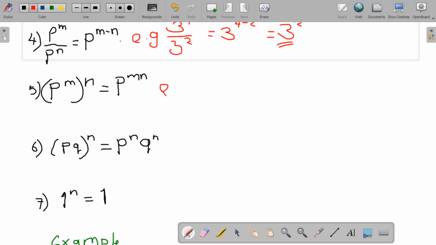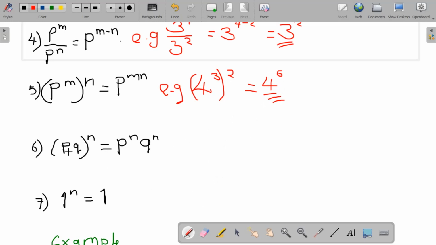For example, we have 4 to the power 3, in brackets, and there is a 2 outside. So you multiply the powers: 3 multiplied by 2 gives us 6. So it's the same as 4 raised to the power 6. That's how it is.